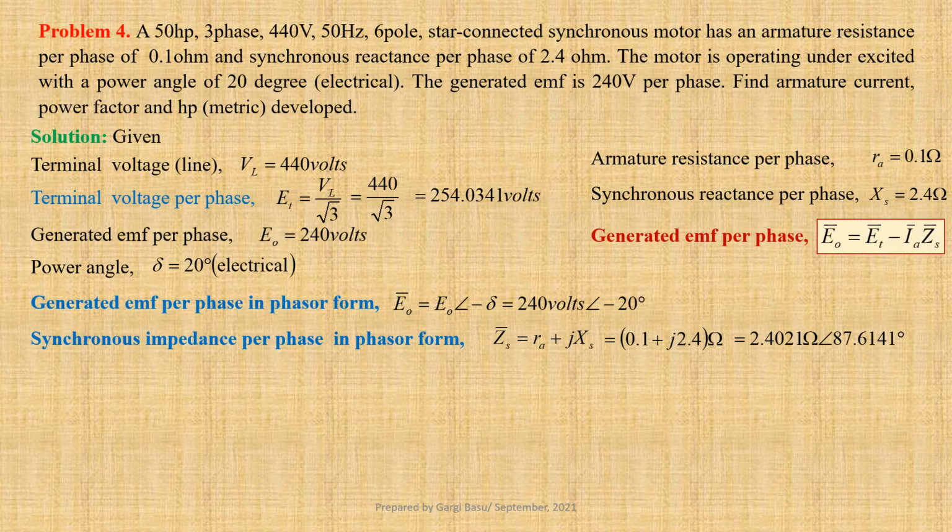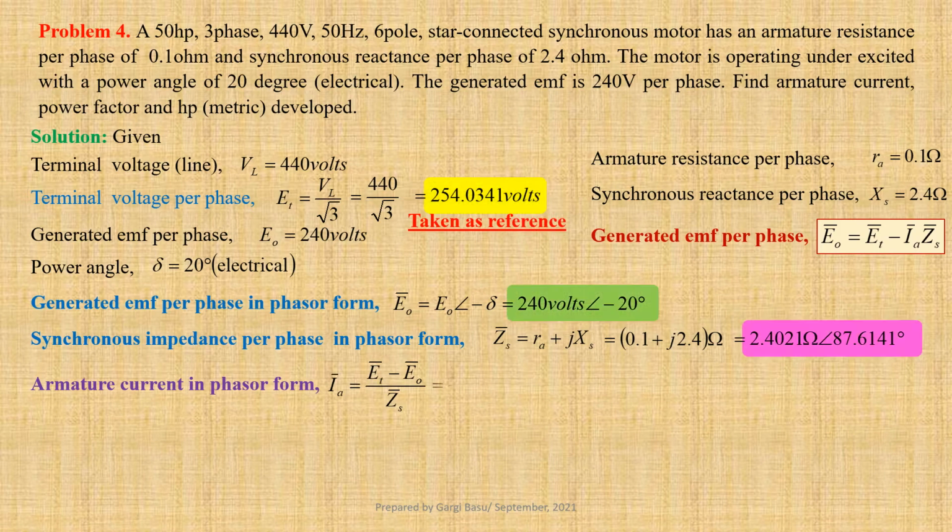Expression for generated EMF per phase E0 equals ET minus Ia into Zs. Therefore, expression for armature current in phasor form Ia equals ET minus E0 divided by Zs. Taking terminal voltage per phase ET as reference, we get Ia equals 254.0341 at an angle 0 degree minus 240 at an angle minus 20 degree divided by 2.4021 at an angle 87.6141 degree.